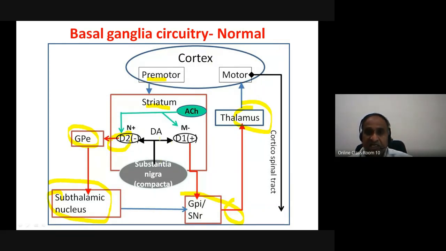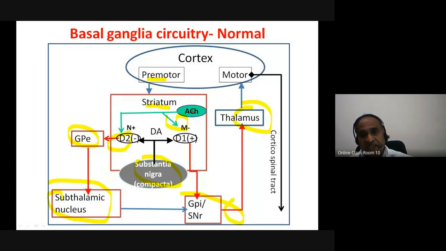In addition, these D1 and D2 loops are fine-tuned by the substantia nigra situated in the midbrain, and this substantia nigra will have a projection to the D1 receptors and the D2 receptors.